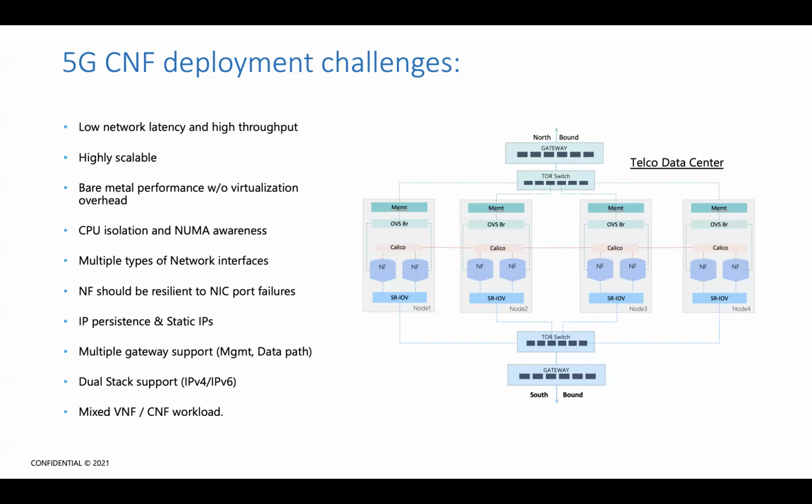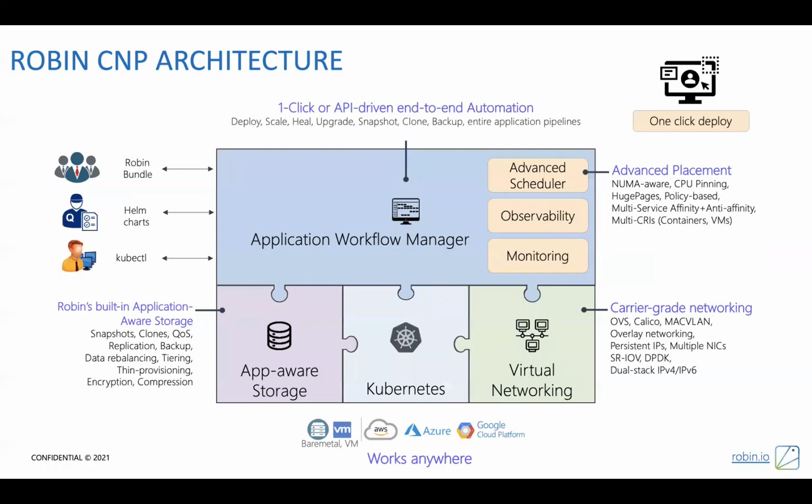Using the Robin CNP platform. Before we go into that, let's take a look at the Robin CNP architecture. Robin CNP, the Cloud Native Platform, is a carrier grade Kubernetes platform built on top of open source Kubernetes. We have enhanced that Kubernetes into a carrier grade platform with enhancements in networking, storage, and application placement or scheduling.